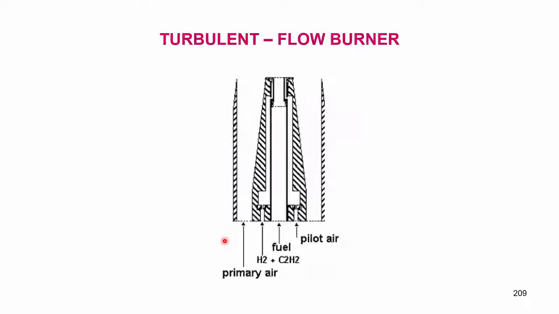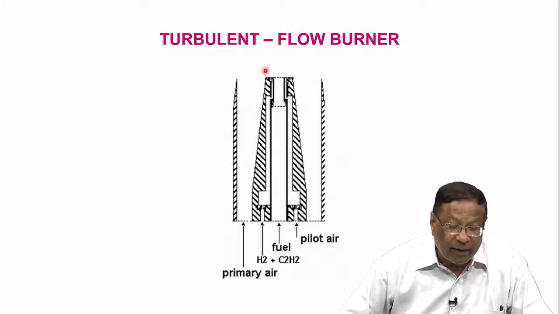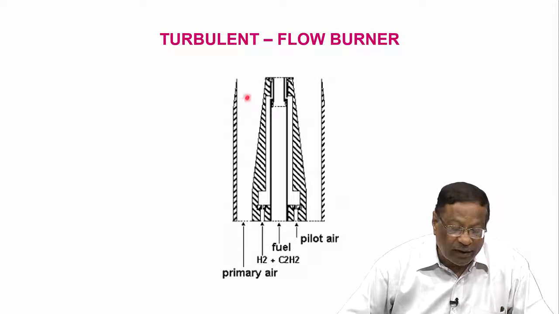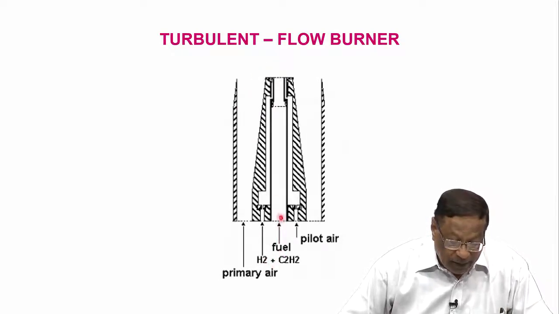This is the turbulent flow burner. So, what I have here? I have a cylinder in which primary air is passing, it will come from the bottom from the compressor and reach here. And then I have the fuel coming inside in a separate channel from the cylinder, both of them will mix here.